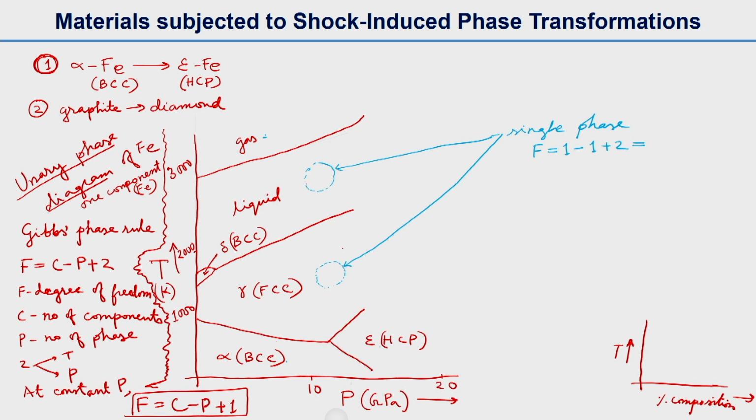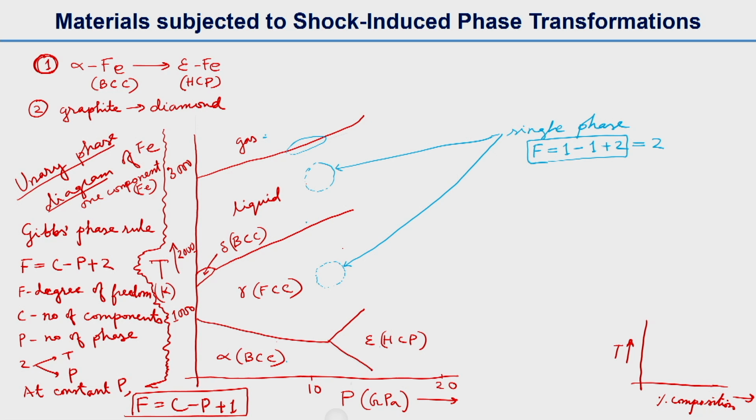You should be aware that although I am drawing two arrows here, we are talking separately of the liquid phase and the gamma phase. So we can show the Gibbs phase rule for each single phase region separately. This will give us F equal to 2.